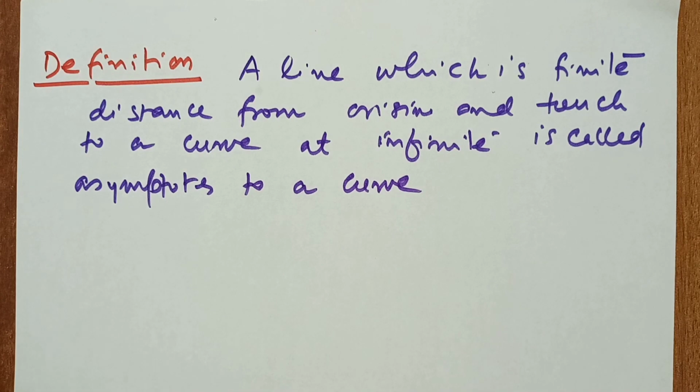So as we know, the concept of asymptote is for open curves. Okay, so a line which is at finite distance from the origin and touches the curve at infinity is called an asymptote of a curve.